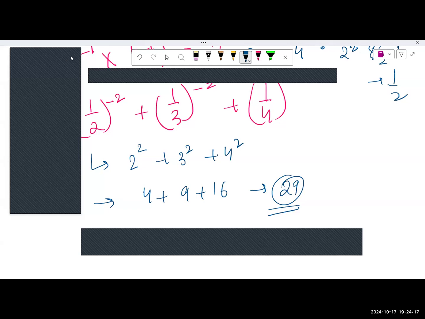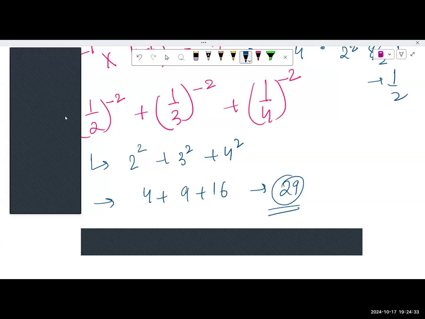Okay, next, Aswan. Ma'am, a to the power 0 equals 1. Okay, next, Ramesh. Bracket a to the power n bracket close whole raised to m equals a raised to the power n into m. Okay, is there any other left?